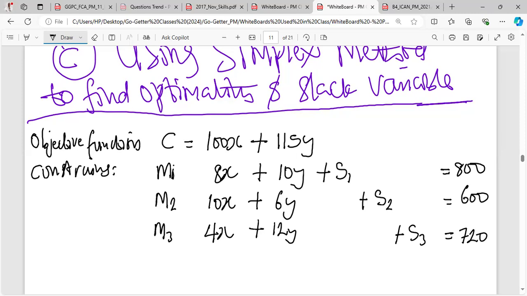Now, in the case of this one, it has only S1. S2 does not exist. But in standard form, you must put S2. So the coefficient of S2 must be 0. So this means that S2 was not there before. That's why we have 0 S2. Now this S1 standing alone is as good as saying 1 S1. Okay?